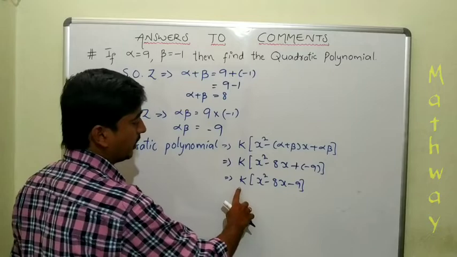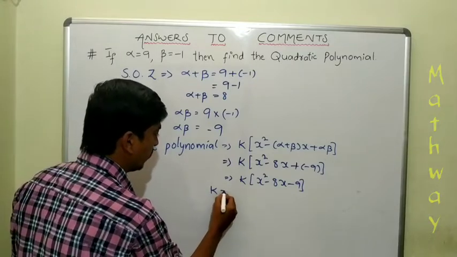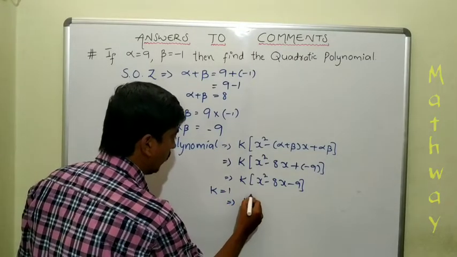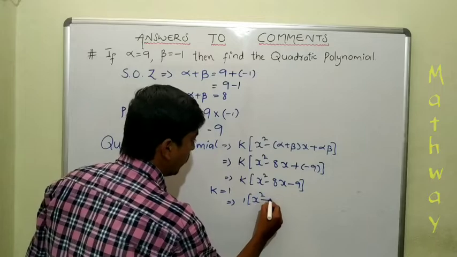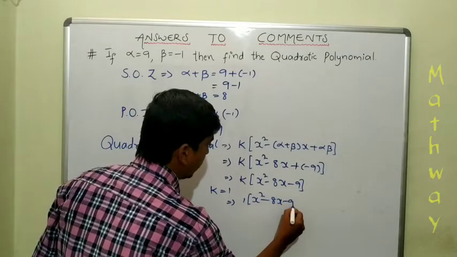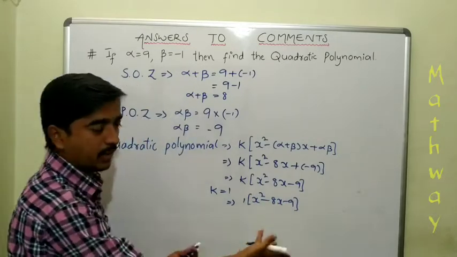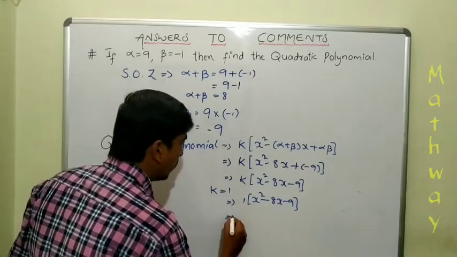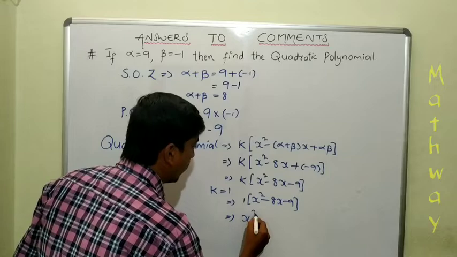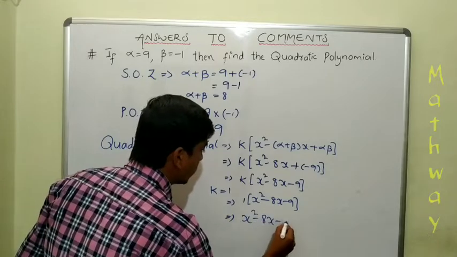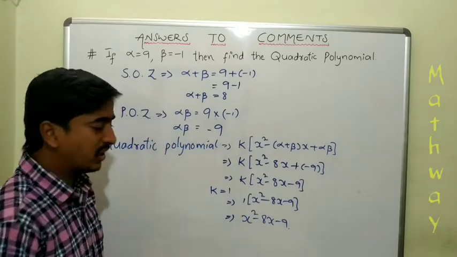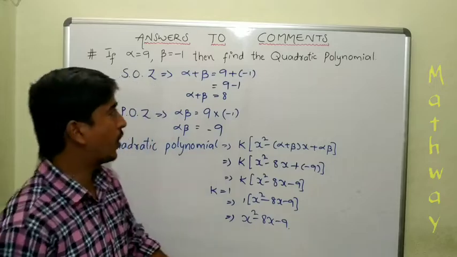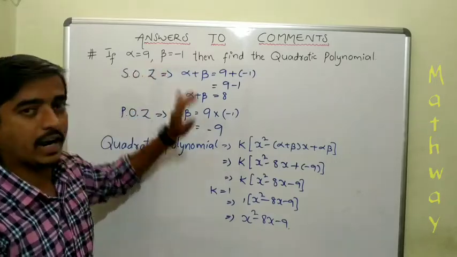Simply take k value as 1. Then we get 1 of x square minus 8x minus 9. 1 into something is something, so by multiplying this polynomial with 1, we get the same polynomial. So we get x square minus 8x minus 9. This is the quadratic polynomial which is formed by the zeros 9 and -1.